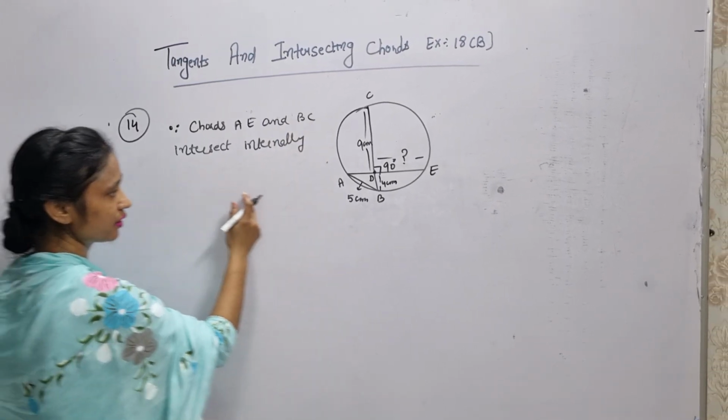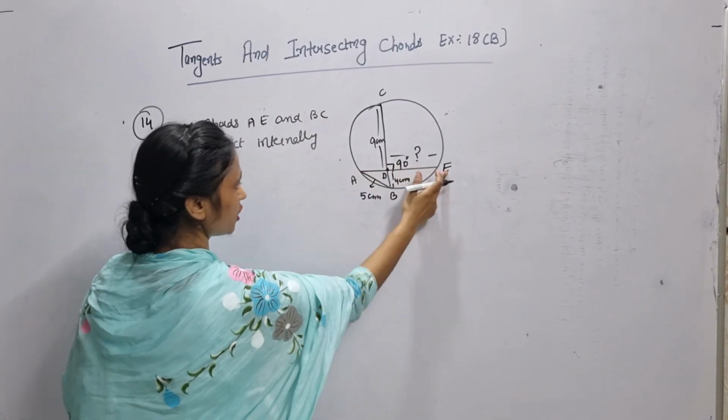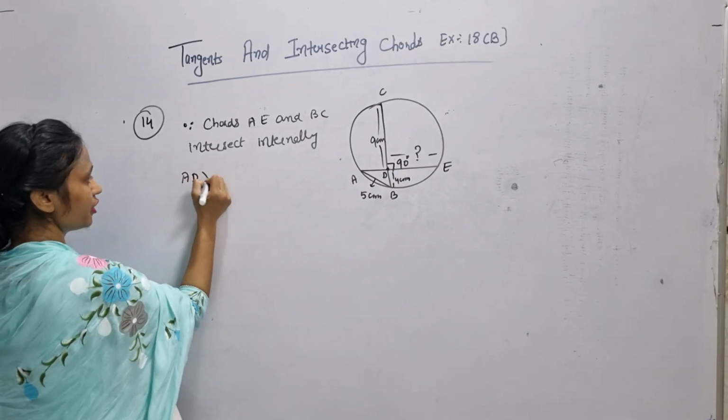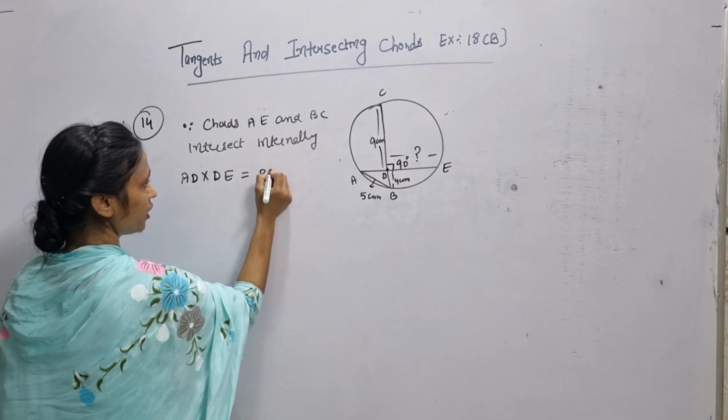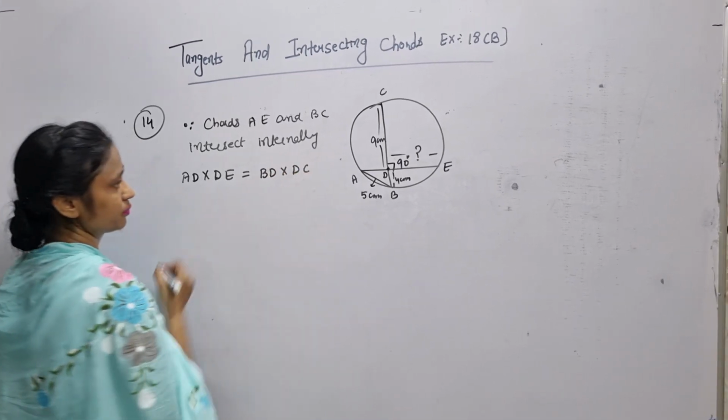We can write AD into DE is equal to BD into DC.